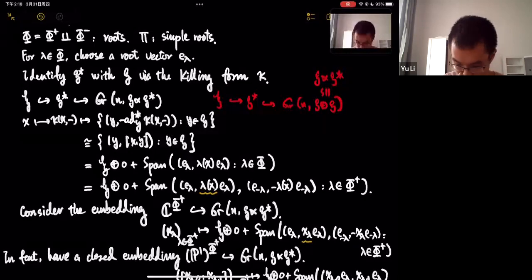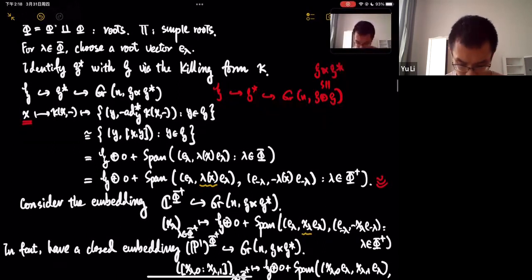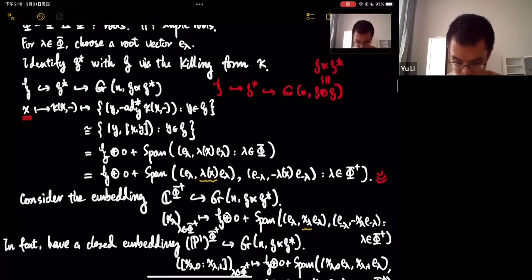Some easy computation shows you that this composition map sends an element x of H to this last line here. I won't go through the details. I'm asking you to trust me that this computation is correct.